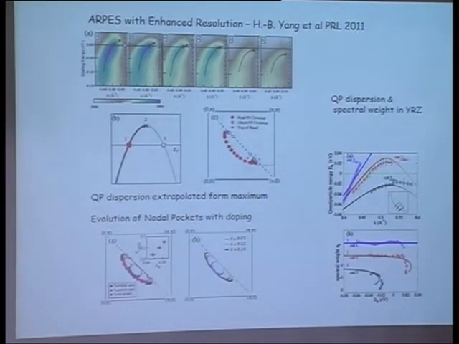Now they lose intensity after they go through the maximum, but the maximum that they see, interestingly, is not situated along this antiferromagnetic zone boundary, but halfway in the center of such a pocket.